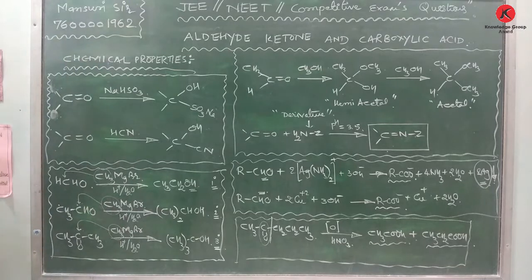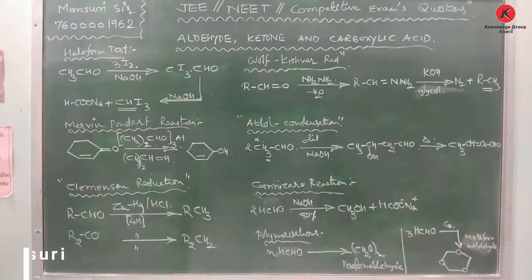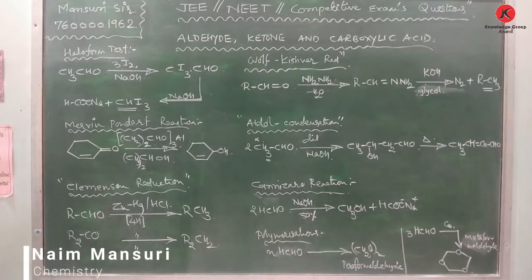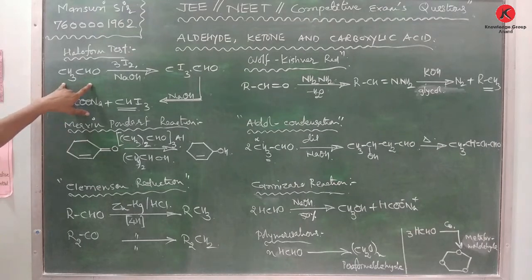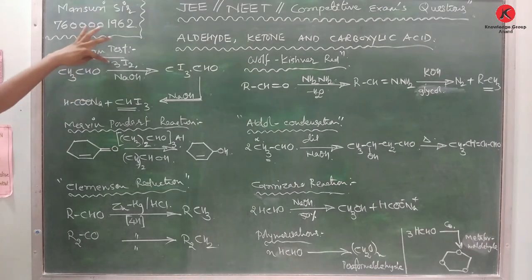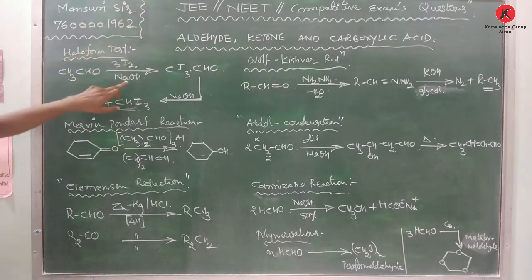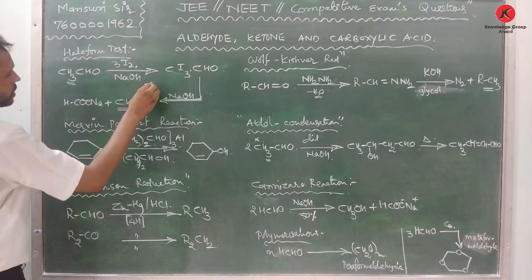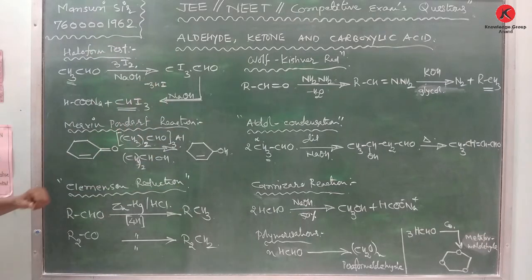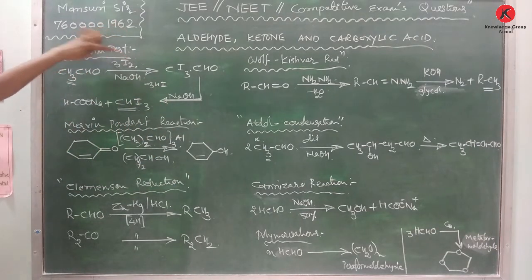So these were the summaries of chemical properties. Okay students, thereafter we are discussing the haloform test. Now CH3CO that you are given, when it reacts with 3 moles of I2 in presence of NaOH, then what will form? These 3 hydrogens are removed with 3 iodine, then 3 moles of HI will be removed and 3 iodine will be participating over here.